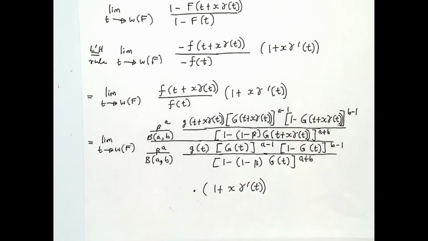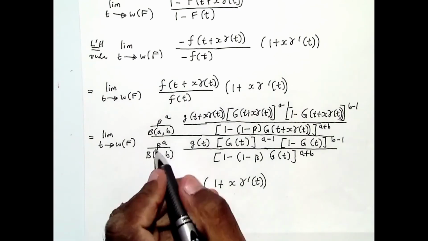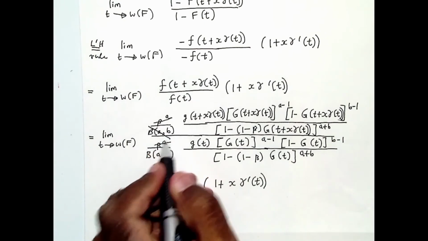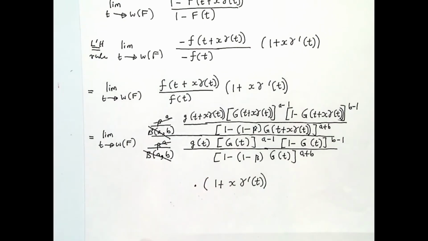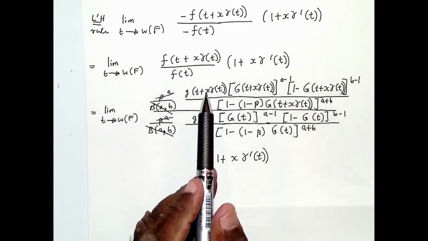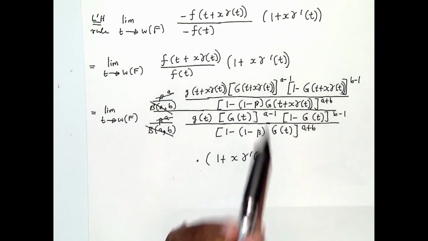All right, you will see that the beta A, power A, cancels with this, and you will also see this guy here cancelling out with this. All right, now the next thing I'm going to do, I'm going to group this guy with this, this with this, this with this, and this with this.